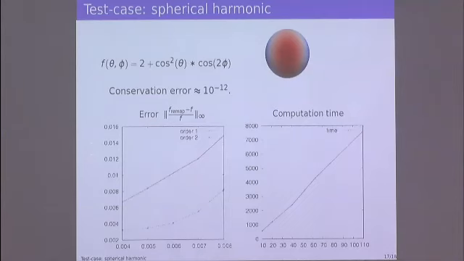This is the conservation error, and this is the interpolation error with the analytical f in the L infinity norm. And you can see here that order 2 looks quite okay. It's a bit noisy to do a log-log plot, but it has a nice profile. And computation time is, as it should be, quasi-linear.